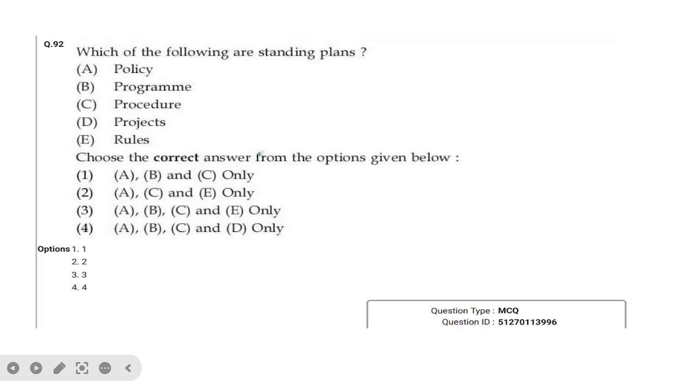Coming to question number 92: which of the following are the standing plans? There are two types of plans, single use plans and the standing plans.